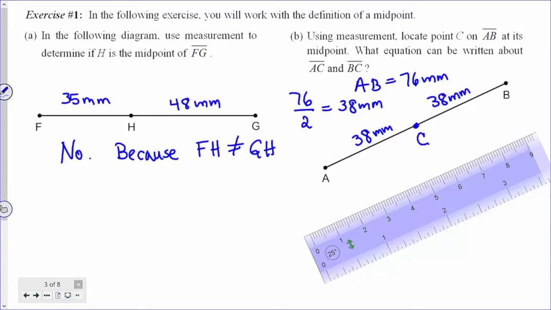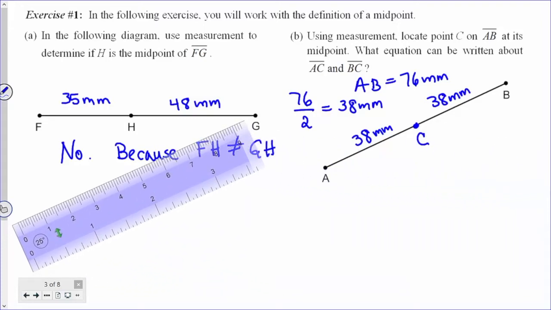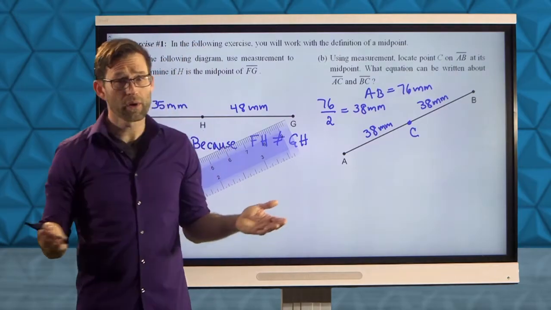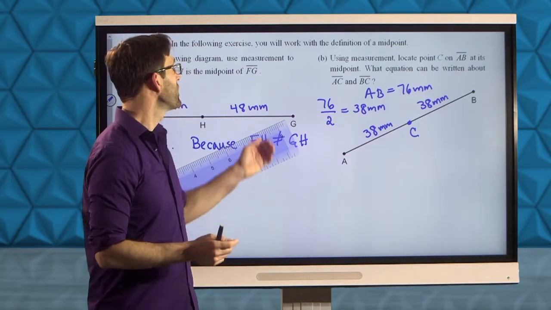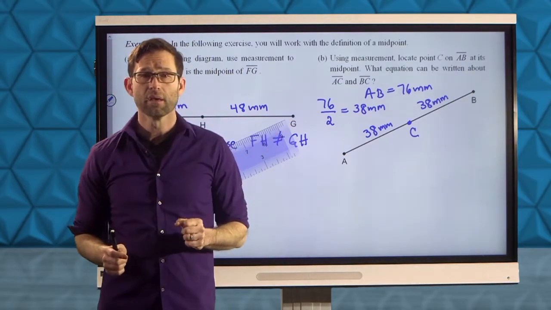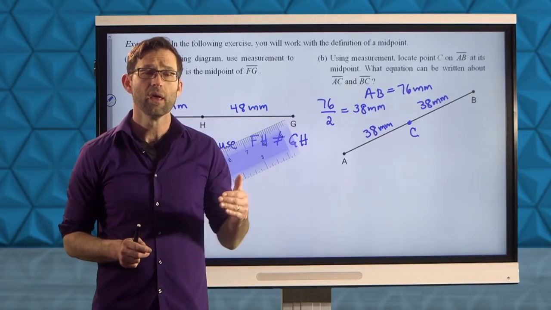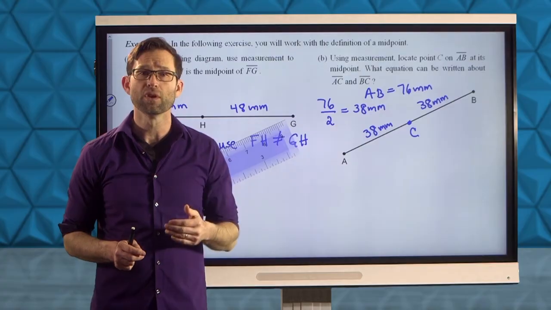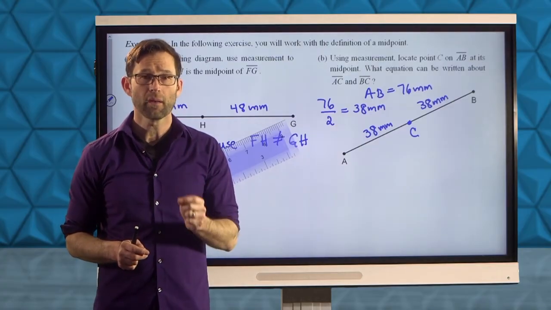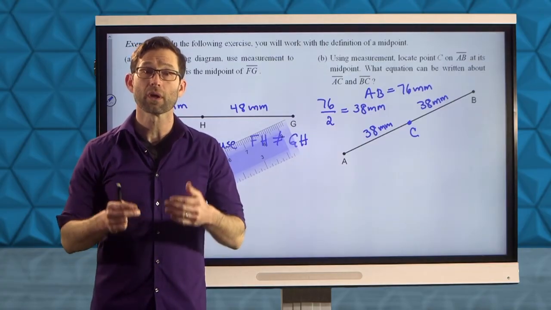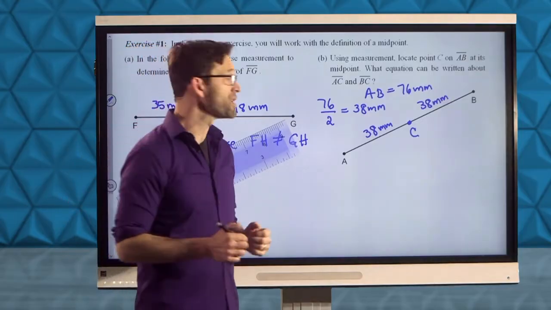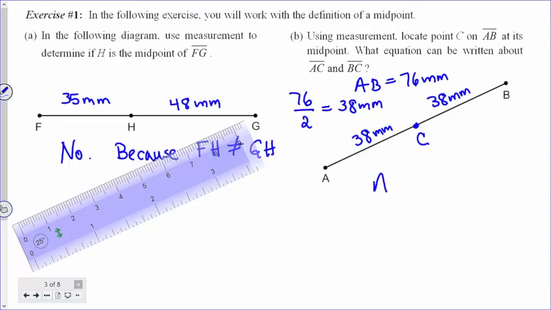That's point C. And then the question asks me to write down what equation I could state about AC and BC. An equation is a statement about equality, and again, we can't really make a statement about equality with geometric objects, but we can make a statement about equality with geometric measurements. In other words, I can write down that AC is equal to BC.